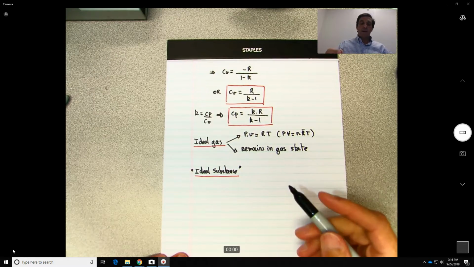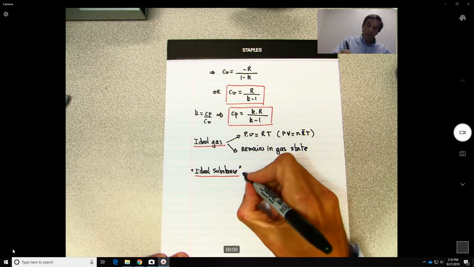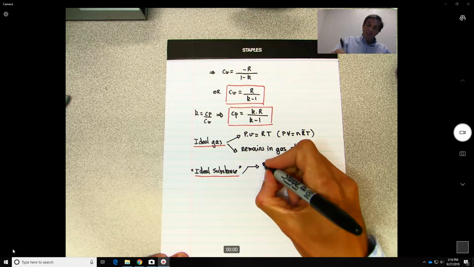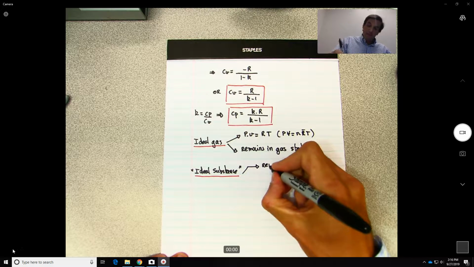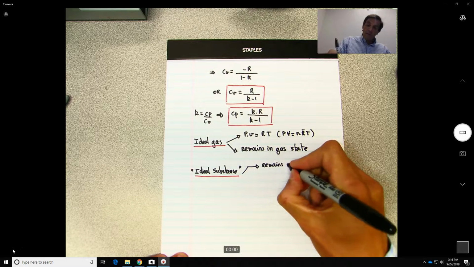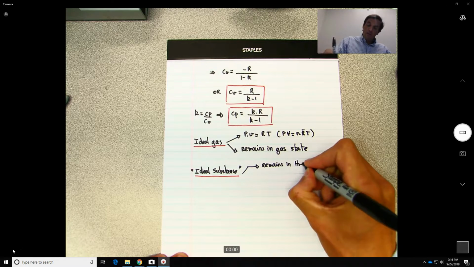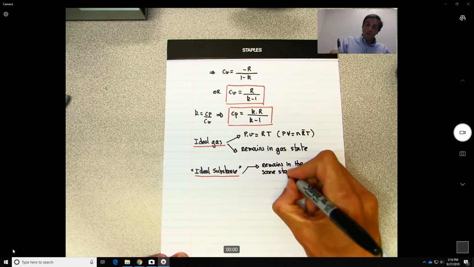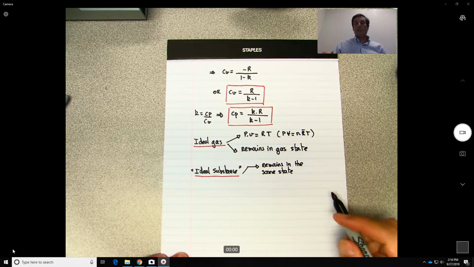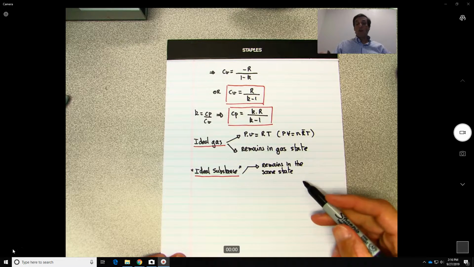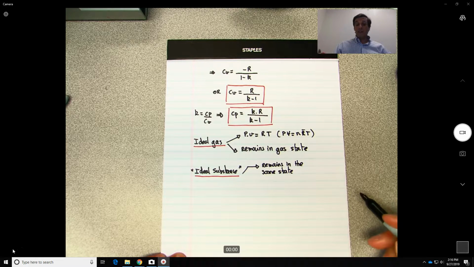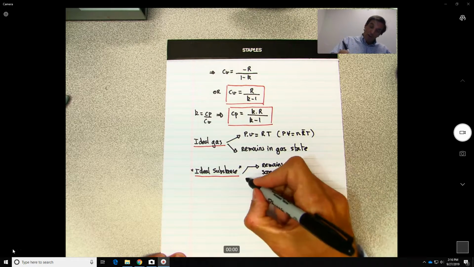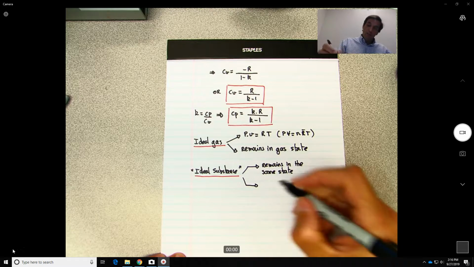So how do I define an ideal substance? An ideal substance would be a substance that remains in the same state. So for example, if we are talking about water, water can remain in the liquid state, or water could remain in the gas state. But there is another condition.